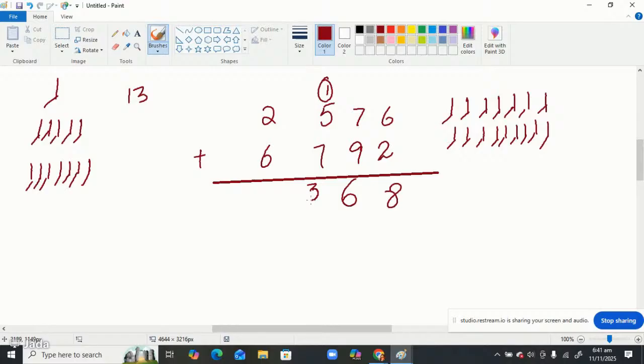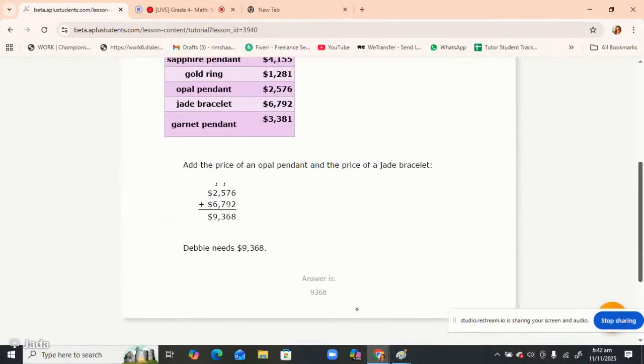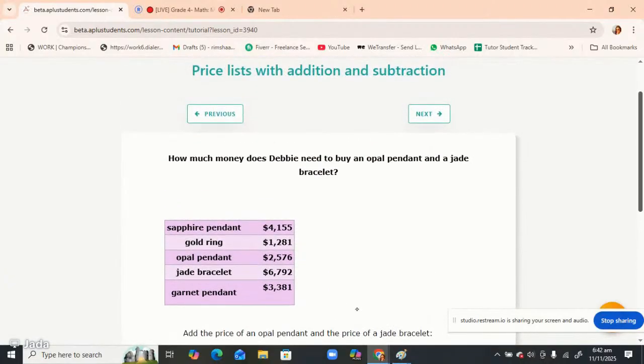So you bring down the 3 here. 1 moves up as a carry. 1 plus 2 plus 6. 1, 2, and then 6. 1, 2, 3, 4, 5, 6, 7, 8, 9. So this is 9,368. Okay. Let's see, our answer is right, 9,368. So the total money she needed, like this way.